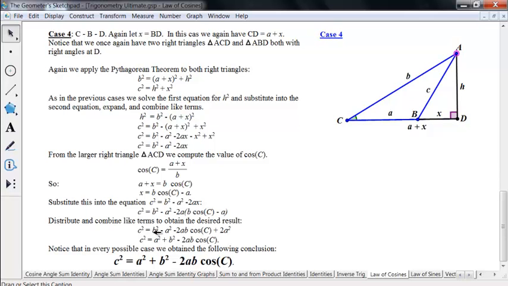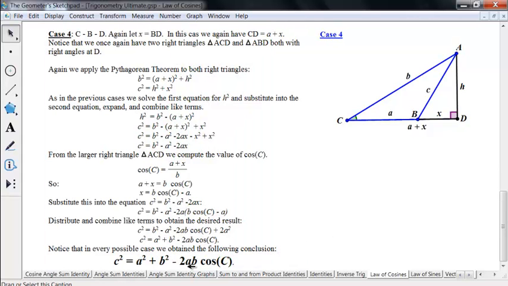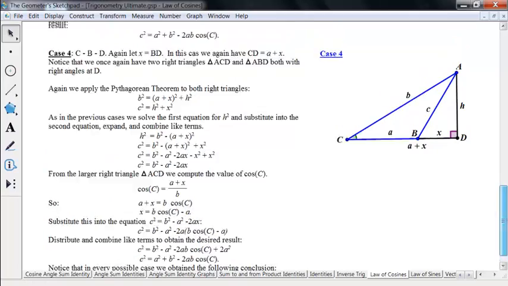Distribute. c squared equals b squared minus a squared minus 2ab cosine of c plus 2a squared. Now 2a squared minus a squared is plus a squared. We've got a squared plus b squared, minus 2ab cosine c. So in every case we obtain the following conclusion, that c squared equals a squared plus b squared minus 2ab times the cosine of angle c.